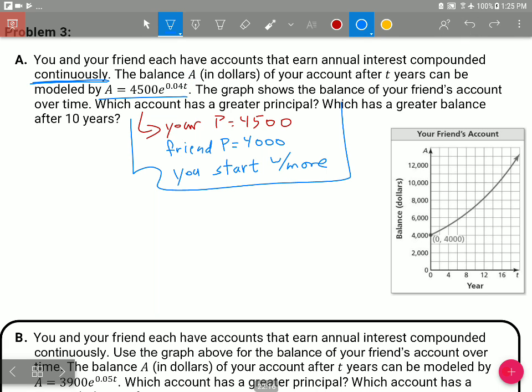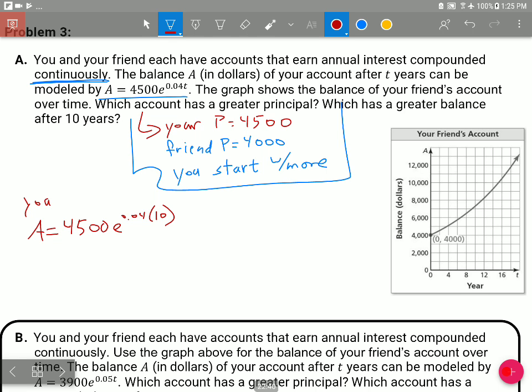So for you, A equals your principal, 4,500, e to the 0.04 times 10. Cool?